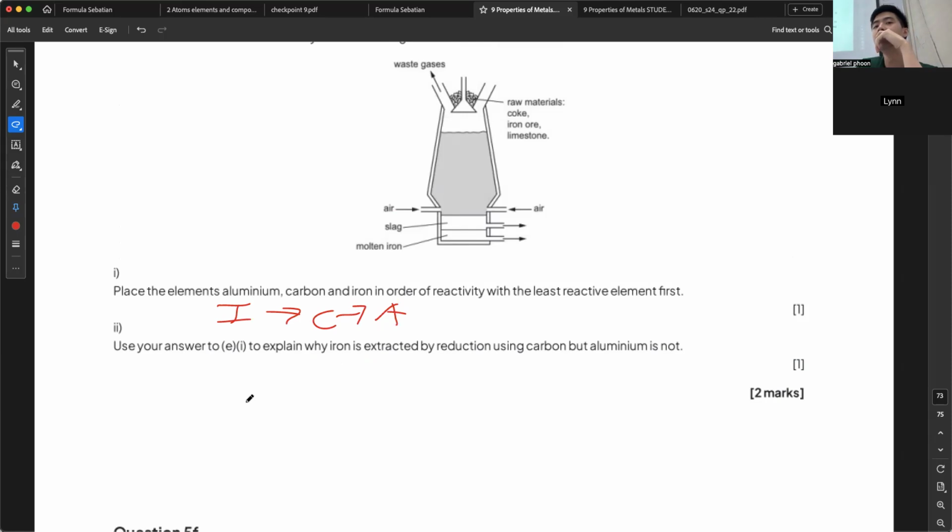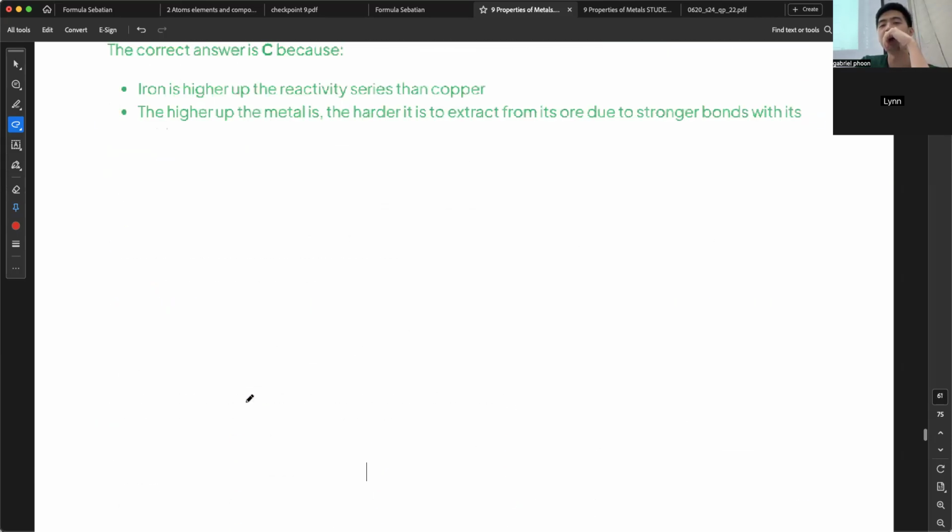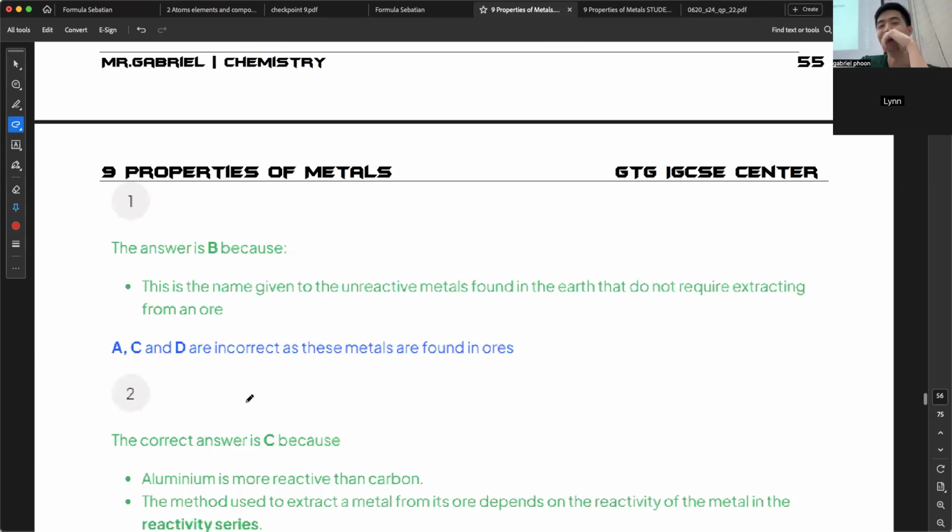Is it because it's really hot, or the melting point is really high? No. Reactivity. Aluminium is higher than carbon. Good.